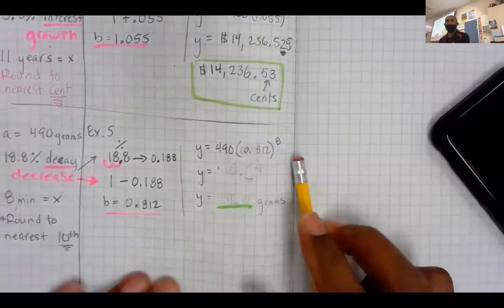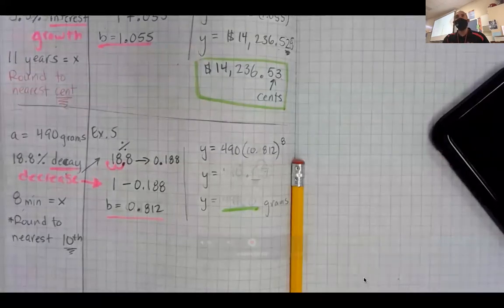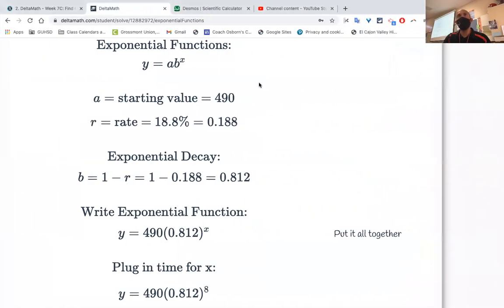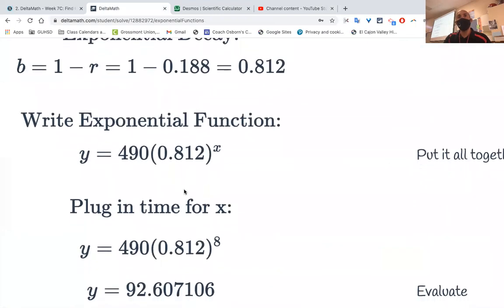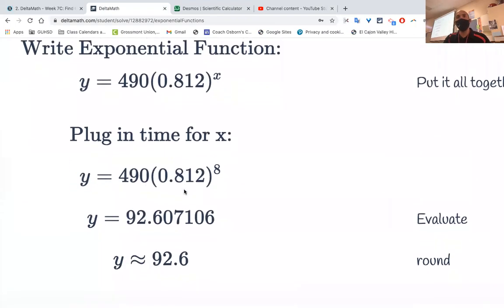All right, so let's just do that in Desmos, okay? 0.812, I would set that up like this. Actually, since they already give us a number, let's just look here. Now I get 92.6. It says round to the nearest tenth, so I would put in 92.60.